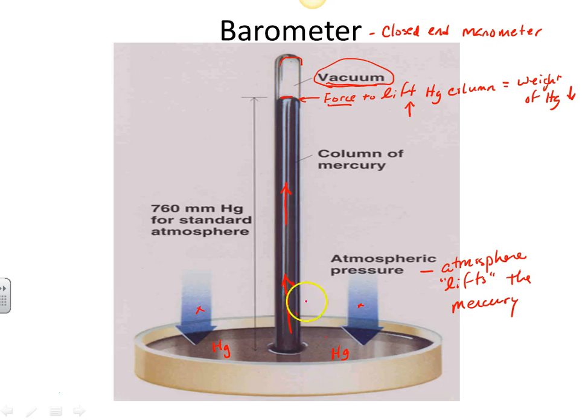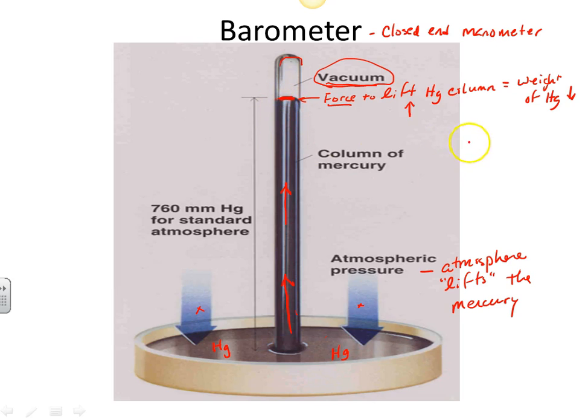At the point that the force exerted by the atmosphere equals its weight, which is gravity pulling the mercury back down, the mercury will stop rising. On a daily basis, the amount of lift in the atmosphere depends upon the atmospheric pressure. If a high pressure system is riding through, then we may be at this point. But if a low pressure area moves through, a stormy day, then we might find that the mercury level drops.